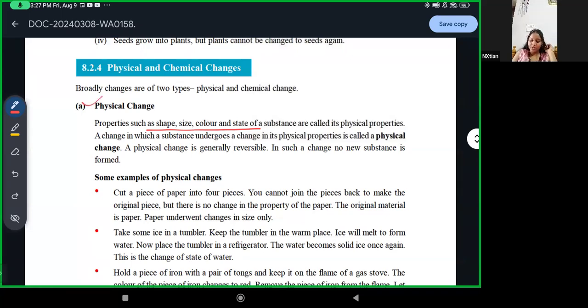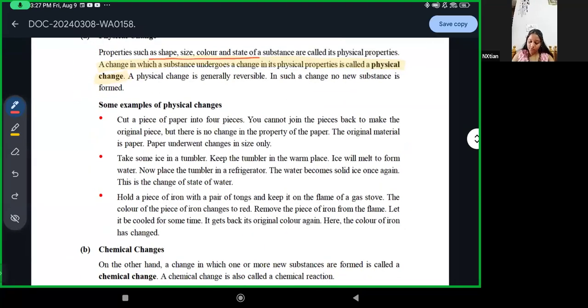A change in which a substance undergoes a change in physical properties, like a change of shape, size, color, or state, is called a physical change. It's generally reversible. Physical changes you can mostly reverse. Then some examples. Let's see.